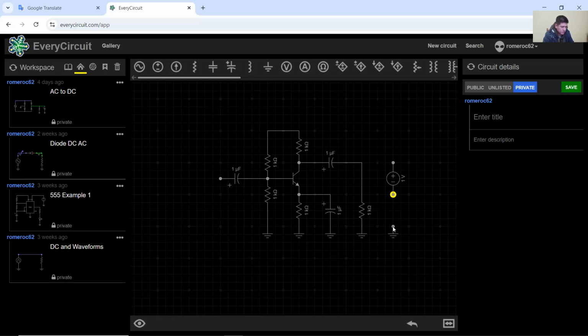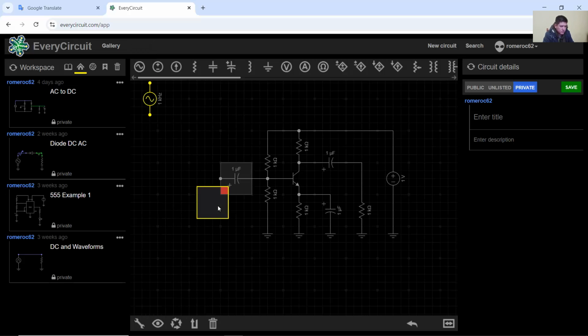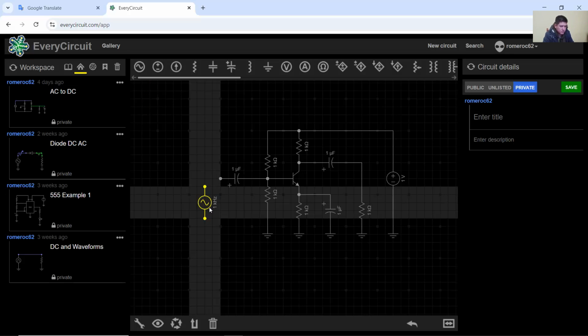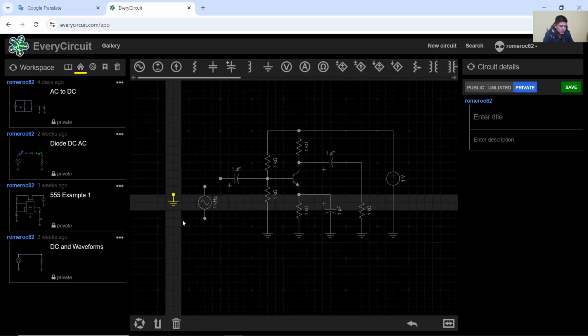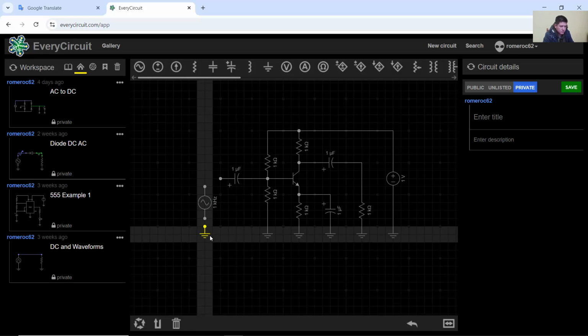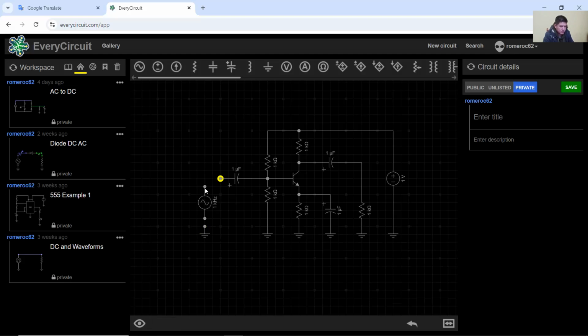Join the nodes. And finally add the AC alternating current source. Okay, very good.